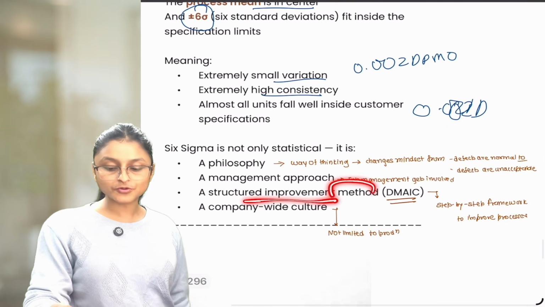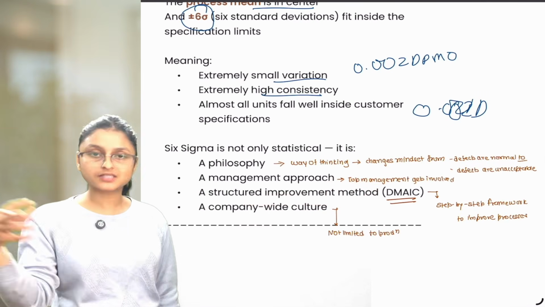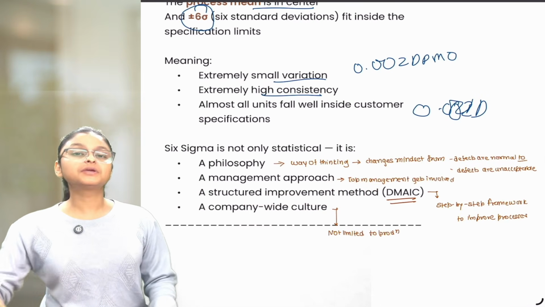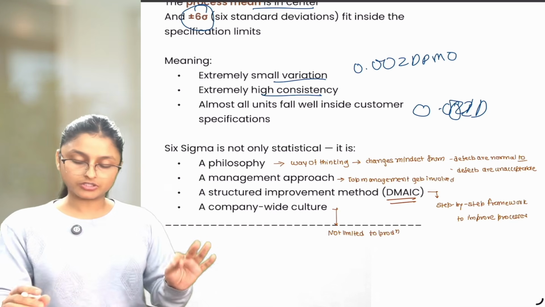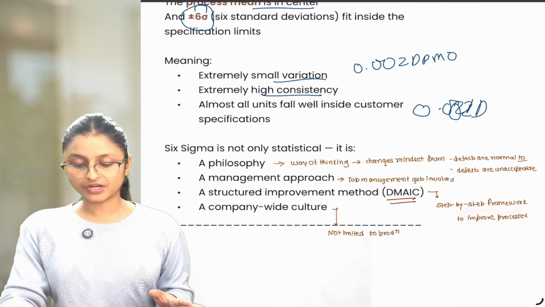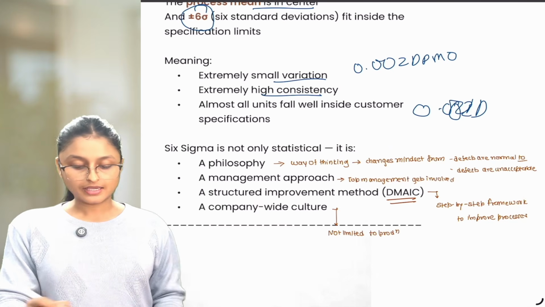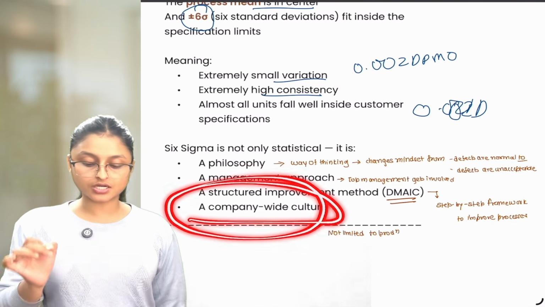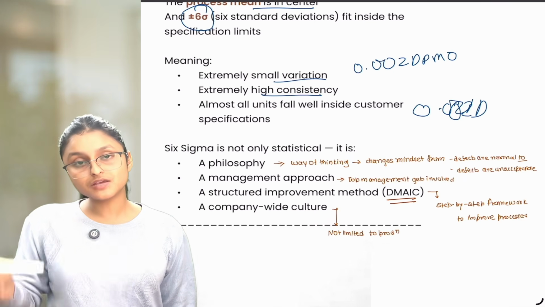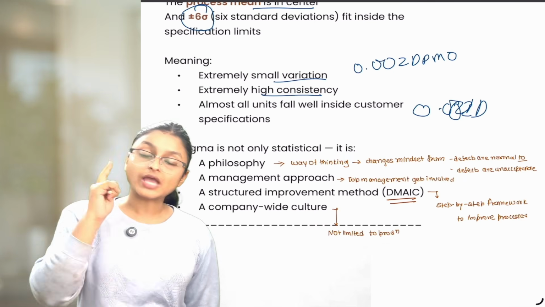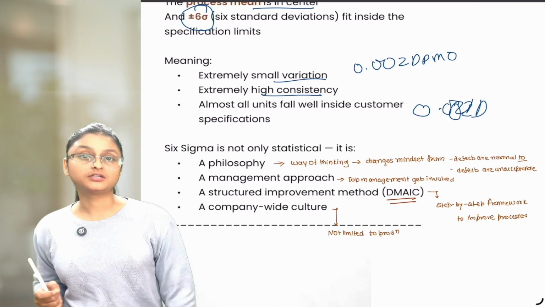It is a structured improvement method, we follow a step-by-step process which is known as DMAIC. We will understand it later, but for now understand that it is a step-by-step framework to improve our processes. A company-wide culture is required, not limited to production. You need to apply it everywhere, then only you can achieve that Six Sigma level of quality.